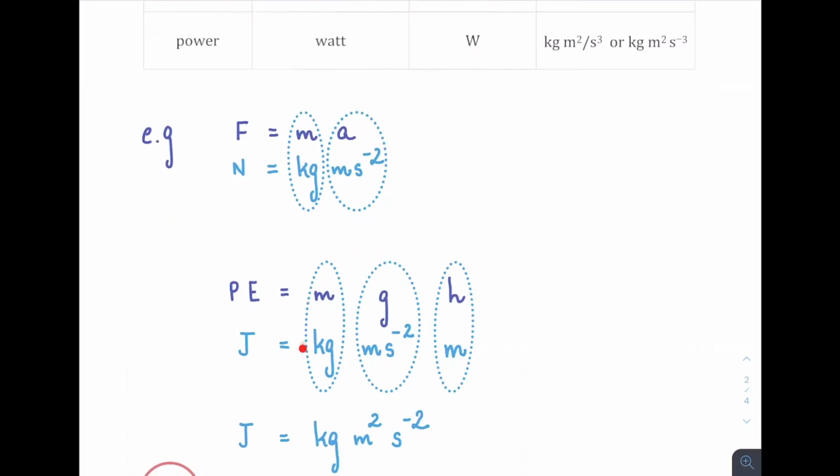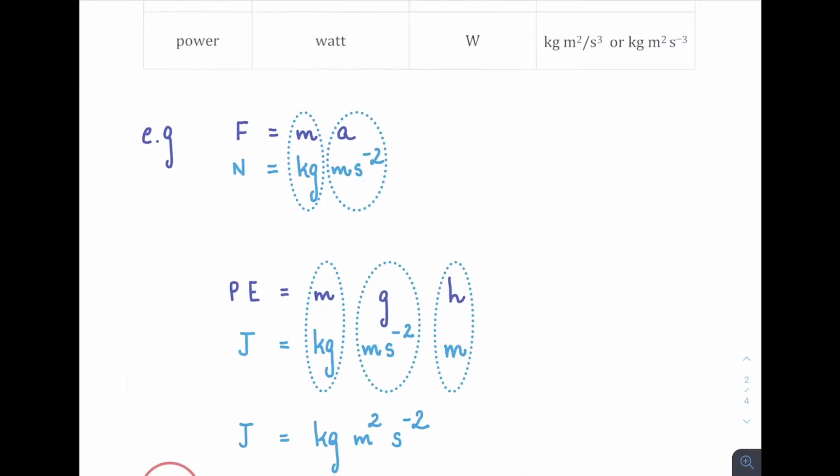Now the mass is in kilograms, g being the acceleration due to gravity, so it takes the units meter per second squared, and h being the height is in meters. So we have kilograms, meter times meter gives us meter squared, and then we still have the second to the power of -2.